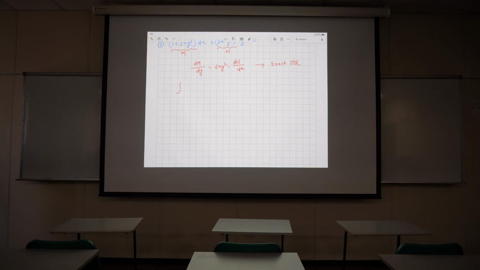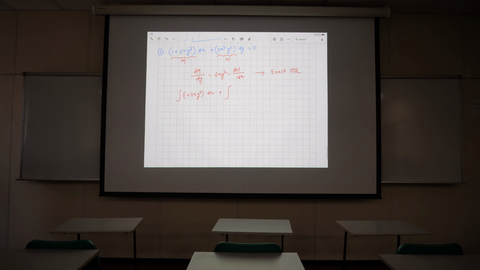Integrate 1 plus 2x y cube dx plus integrate 3x square y square dy. Here y is equal to constant. Here is no term with x is equal to constant.